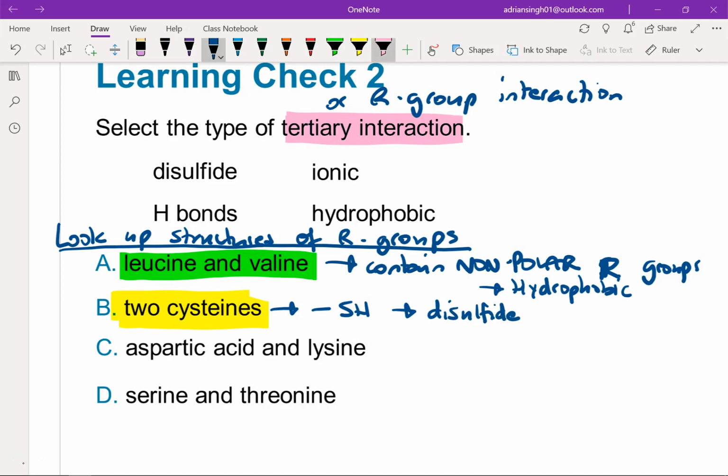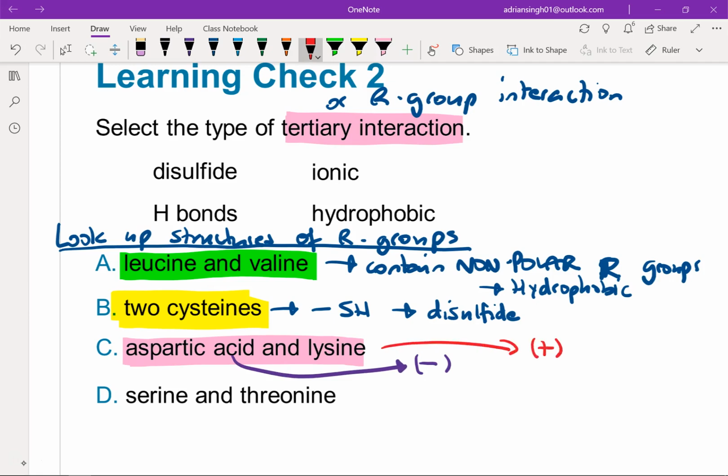If we have an aspartic acid and a lysine, right? Your aspartic acid is an acidic R group. So this is going to have a negative charge. Your lysine is a basic R group. That's going to have a positive charge. So we have a negative and a positive, right? Those together will have a salt bridge, or just simply an ionic interaction between them. And then the last one, we have serine and we have threonine, right?